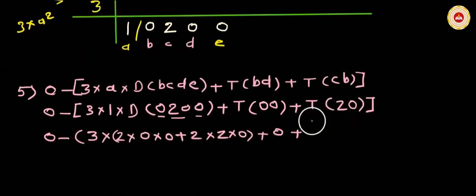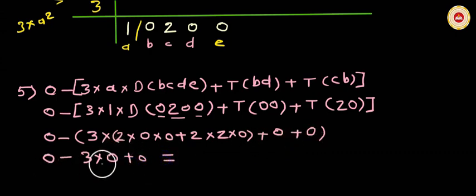That means 3 multiplied by 2 square, that is 4, multiplied by 0. That means triplex of 2 0 is 0 only. 0 minus 3 multiplied by this term, which is 0, plus 0, is equal to 0 minus 0, equal to 0. Correct? So this 0 is the net dividend.